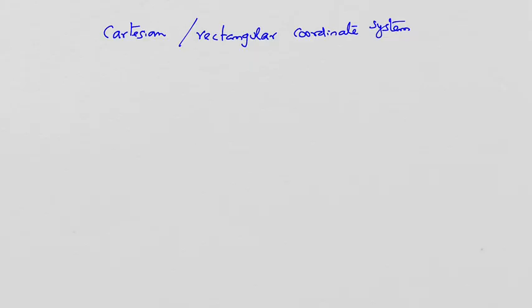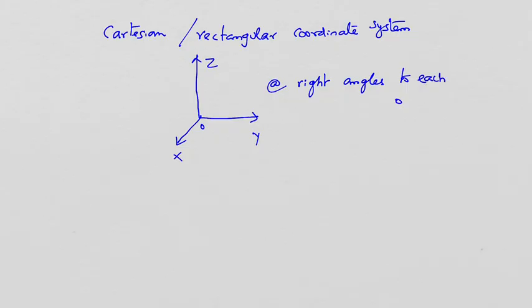The system will have three coordinate axes, namely x, y, and z, which are mutually at right angles to each other. These three axes intersect at the common point called origin.